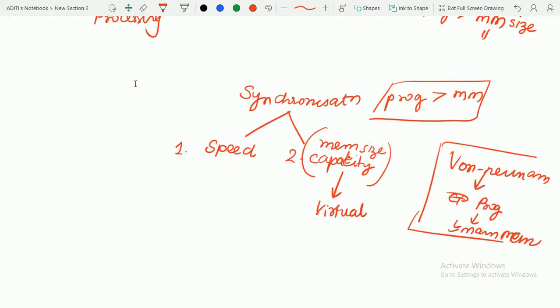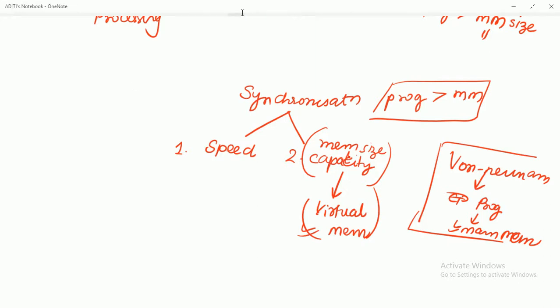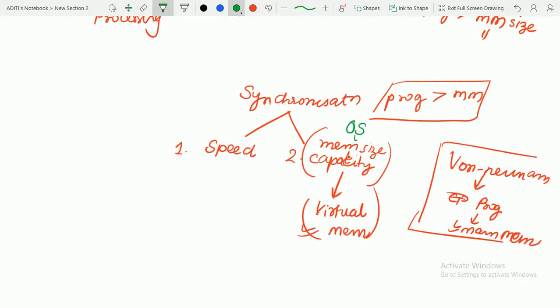There comes the concept of virtual memory. By using the virtual memory concept, we are solving the memory size and capacity difference problem across various memory levels. It was considered in the OS subject, and we already covered it in the operating system subject. Now the point that comes in the CO subject is related to speed.